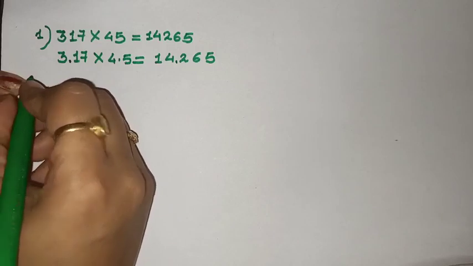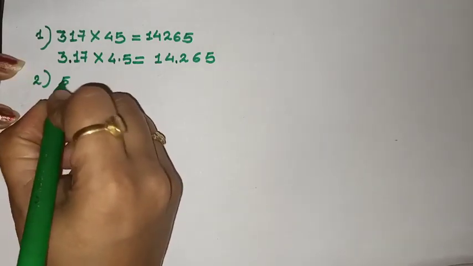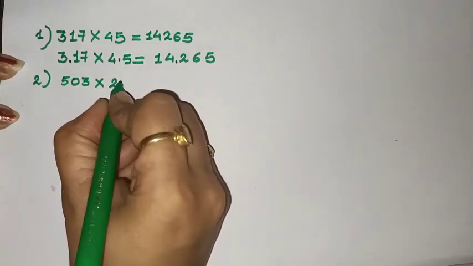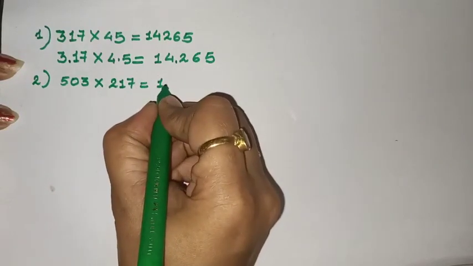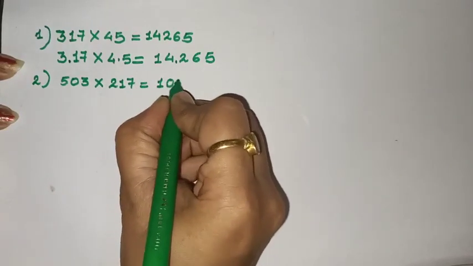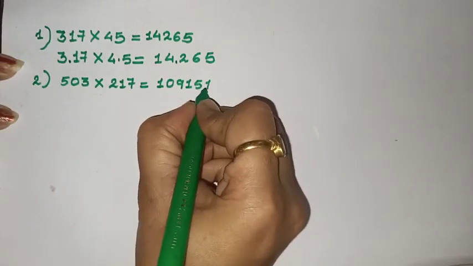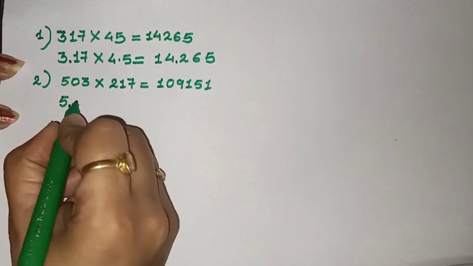Let us see the second one. Second question is 503 multiplied by 217 is equal to 1,09,151. Here also the digits are the same, the decimal point is given.